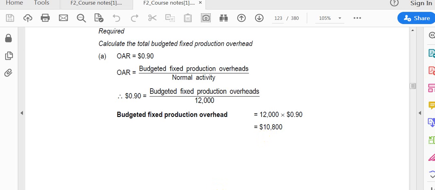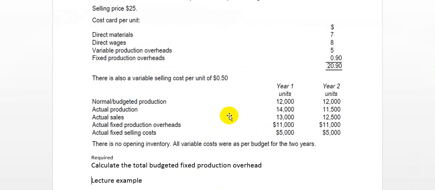We continue to compute the profit under absorption costing. All the information under absorption costing is as given in the marginal costing.